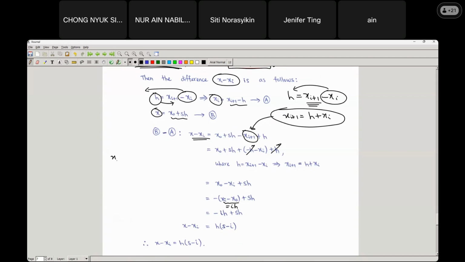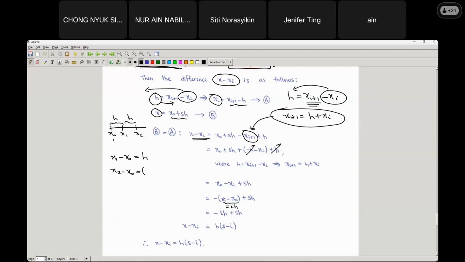So for example, x1 minus x0, we know that this is equal to h. If we have x2 minus x0, this is equal to 2h. If you can see, we can begin with the spacing like this. This is x0, this is x1, this is x2. The difference here is h, and the difference here is h.